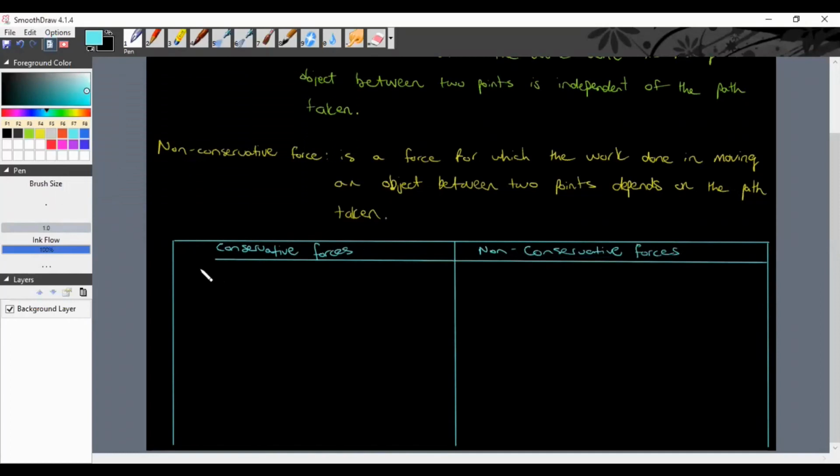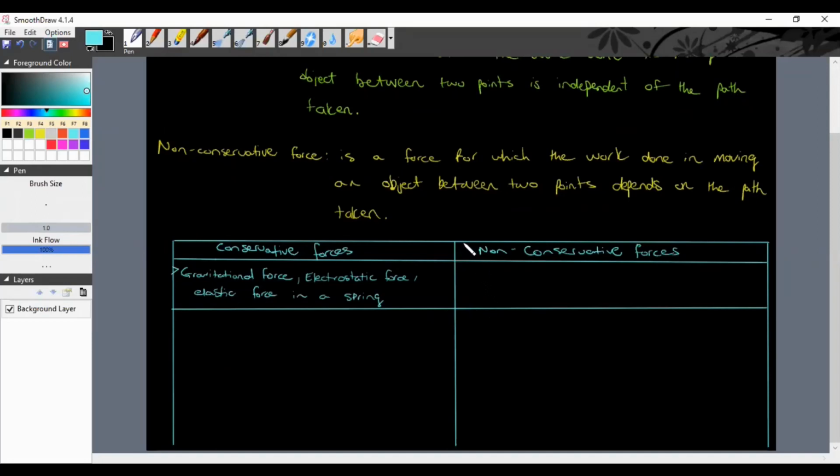First, conservative forces. A couple will be gravitational force, electrostatic force, which we don't need to be too concerned about, and also the elastic force in a spring.